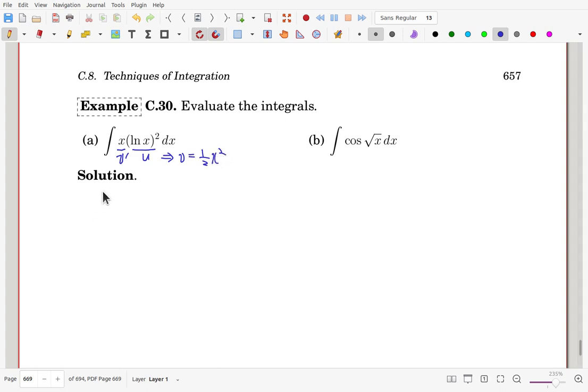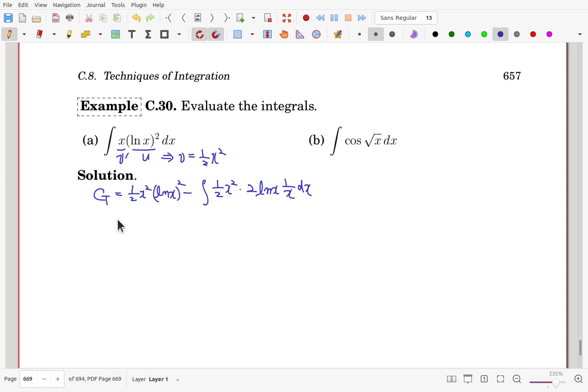So the given integral is the same as UV, half x squared and logarithm of x squared, minus the integral of V and U prime. V is half x squared, and the derivative of U is 2 logarithm x and 1 over x, right?